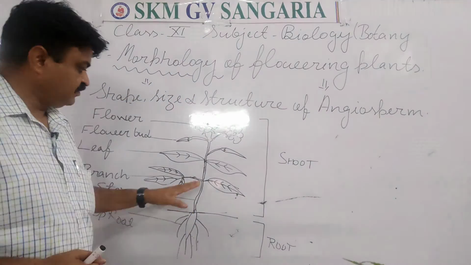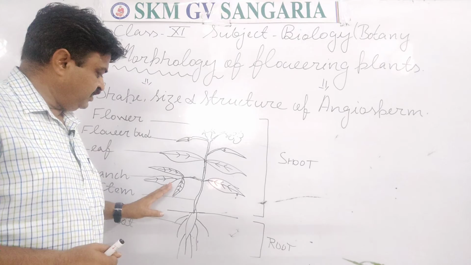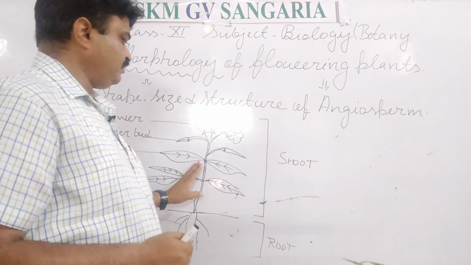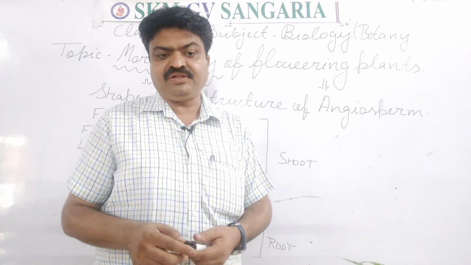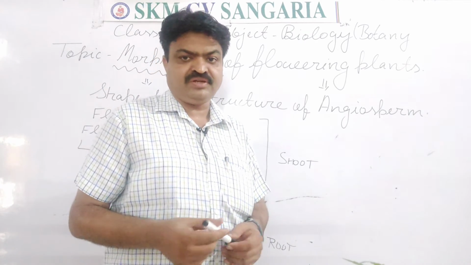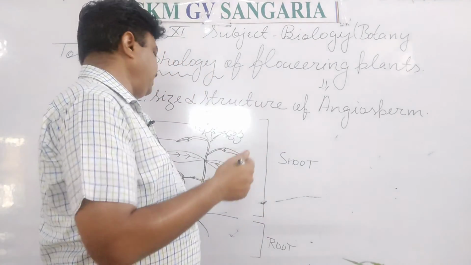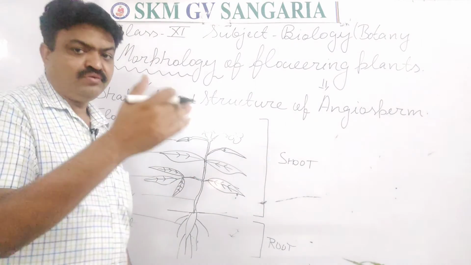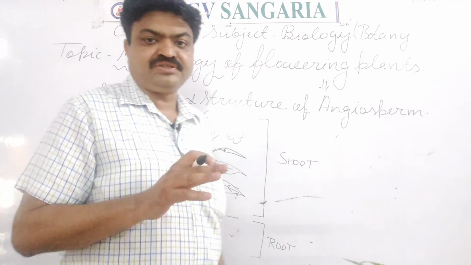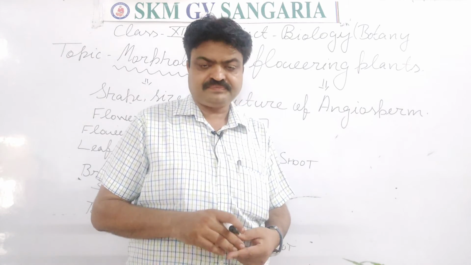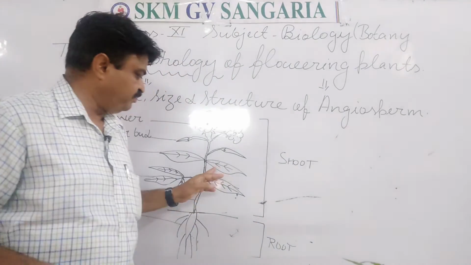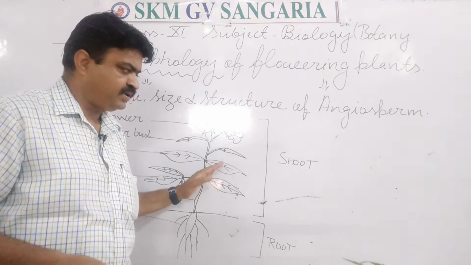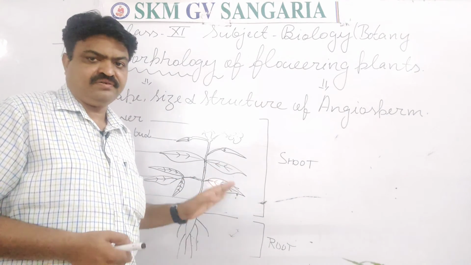With this, in the monocot, parallel venation is found in the leaf. Parallel venation, students, means the veins are parallel to each other. But in the dicot plants, reticulate venation is found.